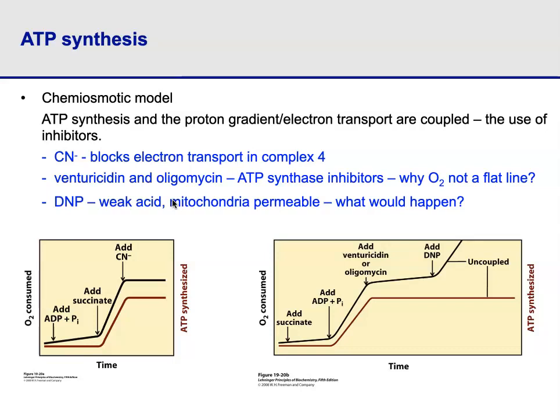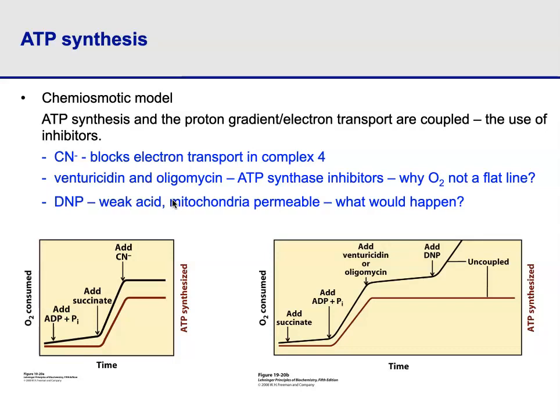Now, if this is a weak acid and it's placed in a basic environment, what would the acid do? Donate protons. So in essence, what are we achieving with the addition of DNP? We're bypassing the ATP synthase function to allow protons to come in.